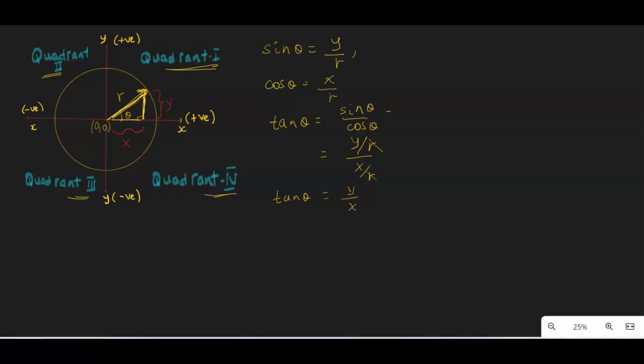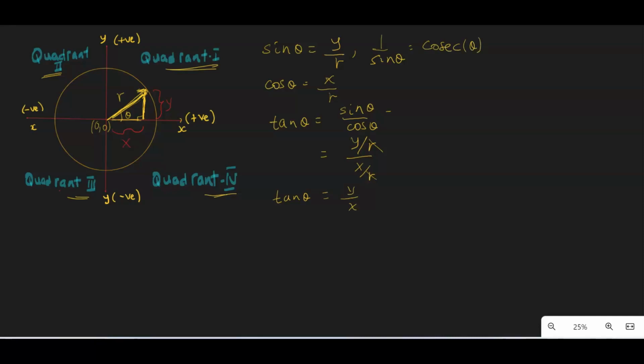Alright, the other trigonometric functions that we have to see here are the reciprocals. The reciprocal of sine of theta, 1 divided by sine of theta, is cosecant of theta.